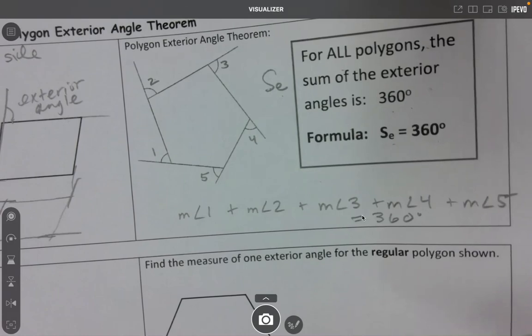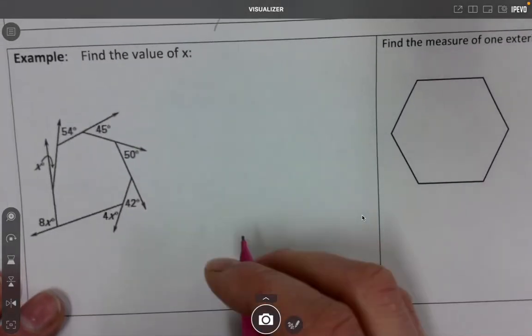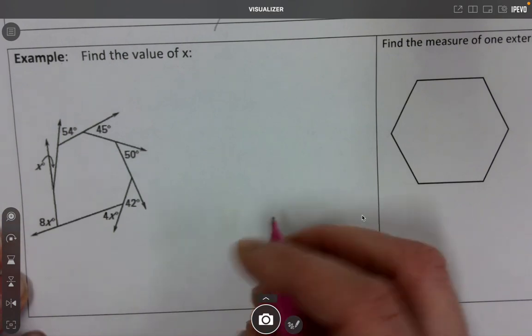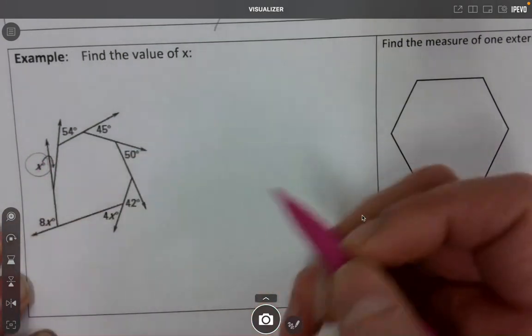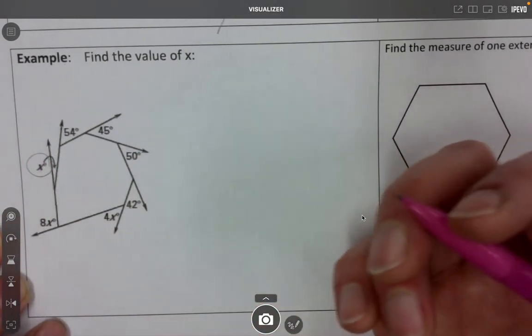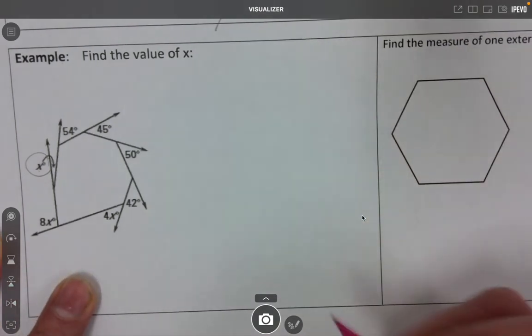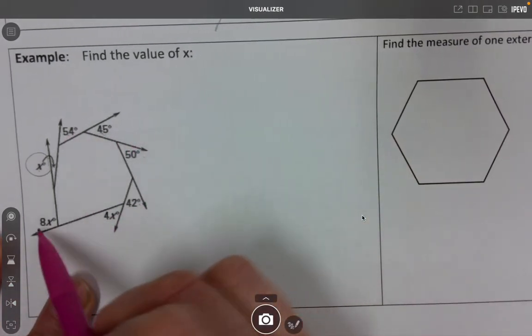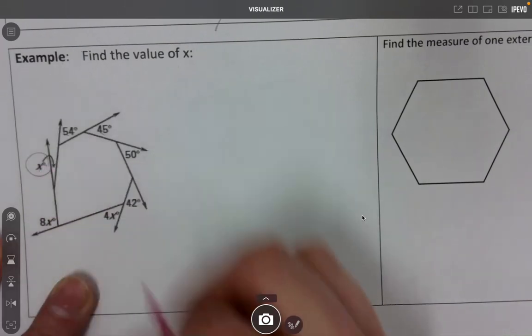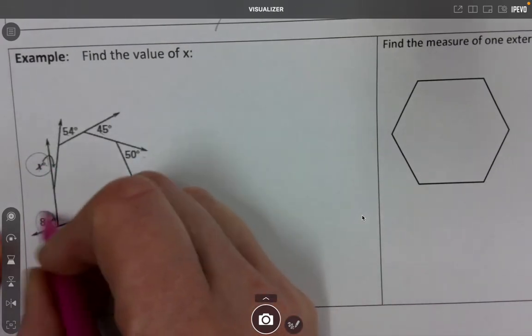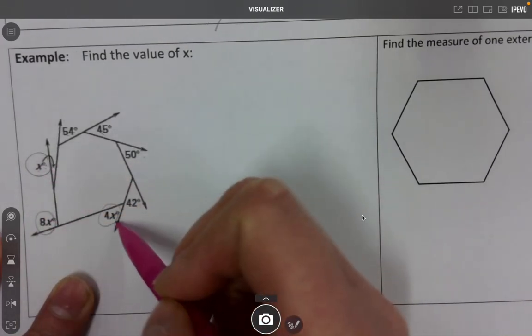So in our first example, we're going to be figuring out a missing angle, this angle x right here. It doesn't matter how many sides, which is the cool thing about this. All we're going to do is add up all the ones we have, plus our x. We've got x in more than one spot: we've got a 1x, 8x, and a 4x.